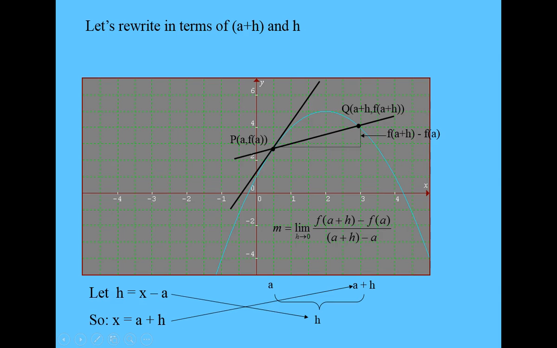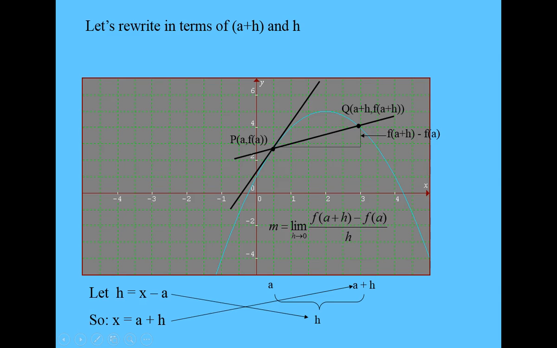And you see I've inserted the new points into our graph, and we would get f of a plus h minus f of a. That's just our y sub 2 minus y sub 1 all over a plus h minus a. That's our x sub 2 minus x sub 1. Now in the denominator, the a's do cancel.